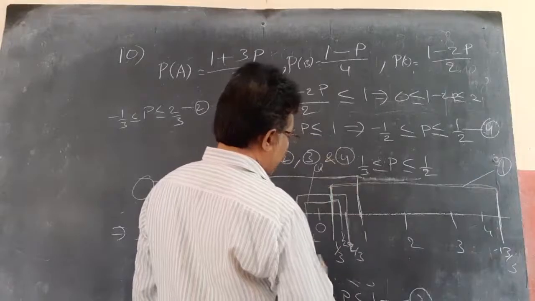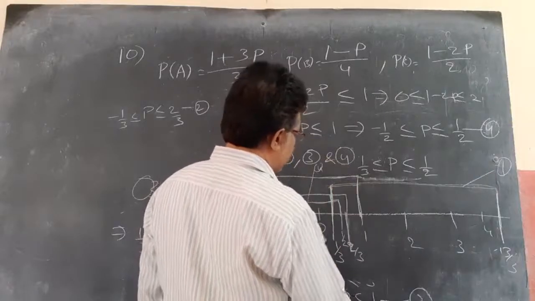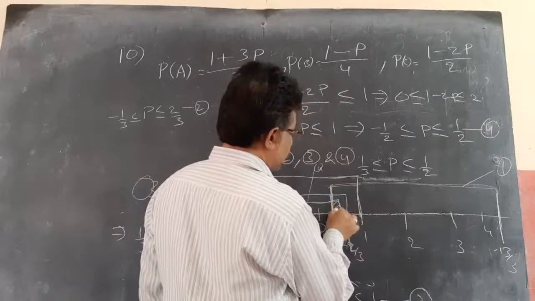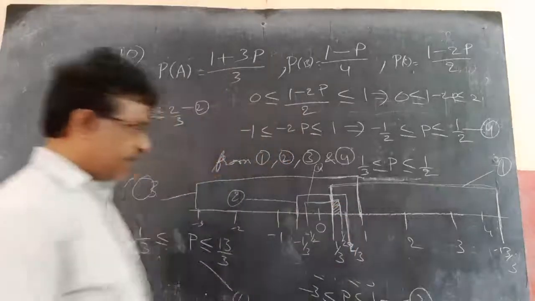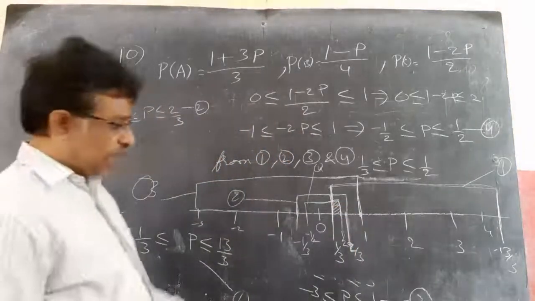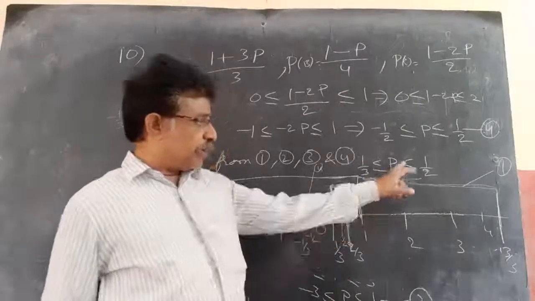Then what is common for all the four inequalities? Only this part is common for all the four inequalities. What is that part? 1 by 3 to 1 by 2.